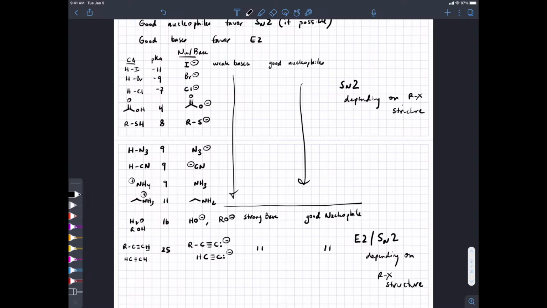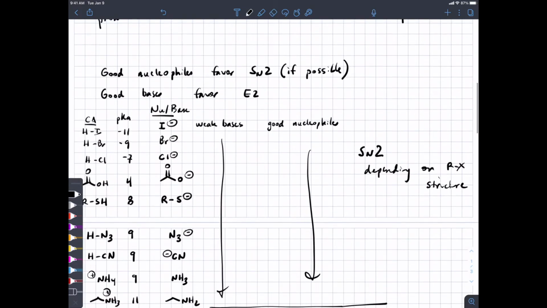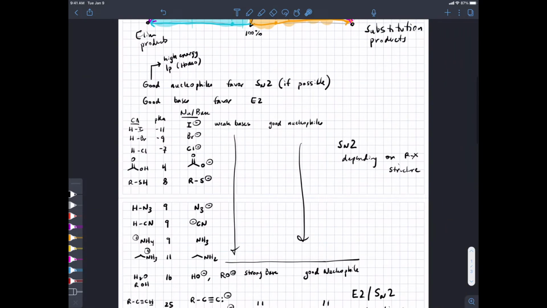There's actually two ways to be a good nucleophile, and this is something called hard soft acid base theory. You can be a good nucleophile by having a high energy lone pair as the HOMO, and that would be things like hydroxide.